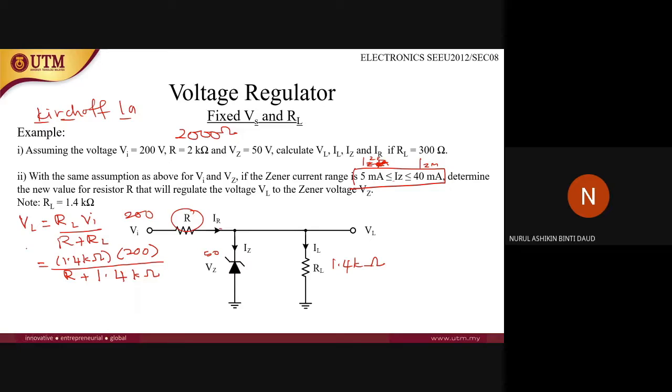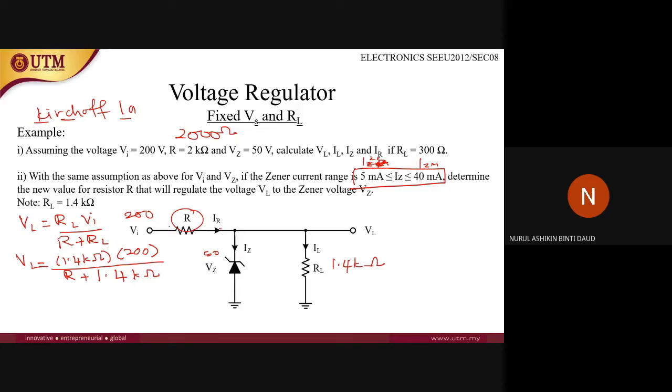Okay, so this is the VL value. Next, in order for the diode to work, VL should be the same as VZ.